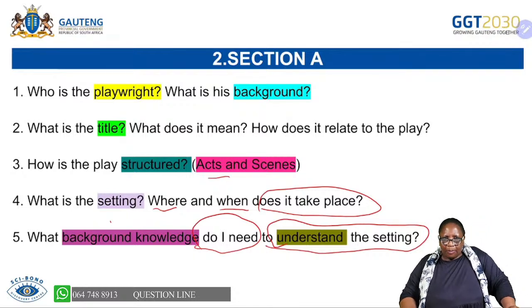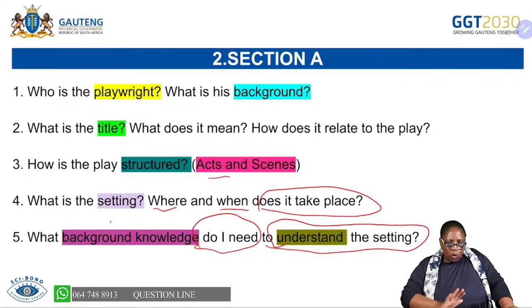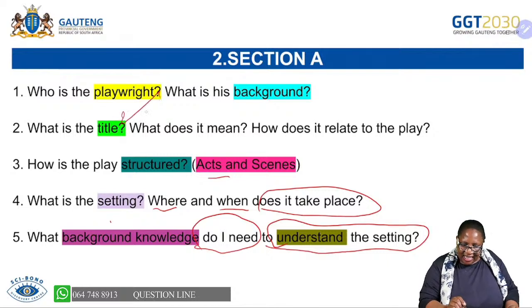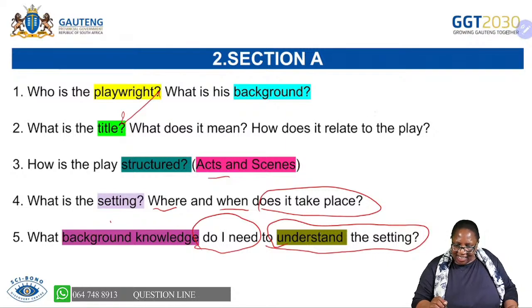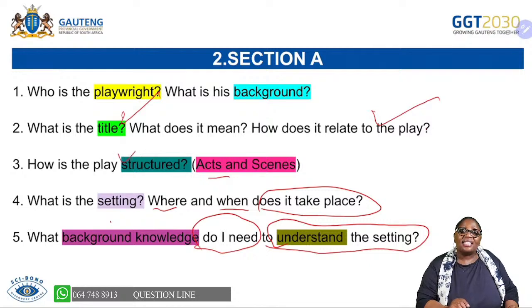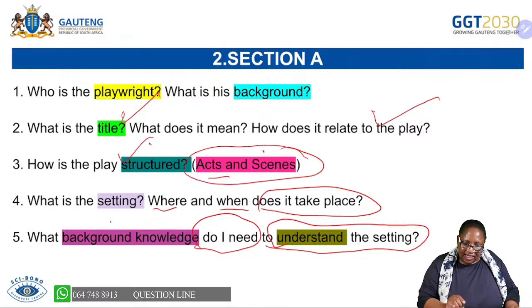I'm going to repeat myself. I want you to take about 3 minutes to check the following. Who is the playwright? What is his background? What is the title of the play? How does it relate to this play? How is the play structured? That is acts and scenes.